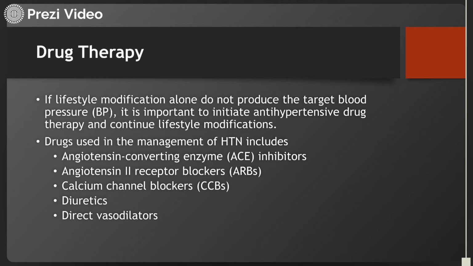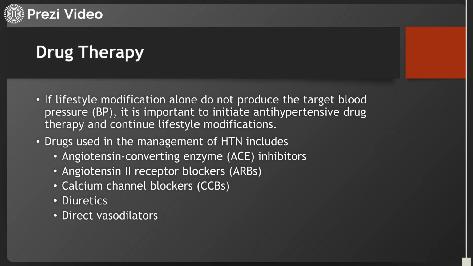We have 5 medications that we use with high blood pressure. Two of those we're going to talk about specifically in other chapters. For example, your diuretics and your vasodilators will come up in another chapter.